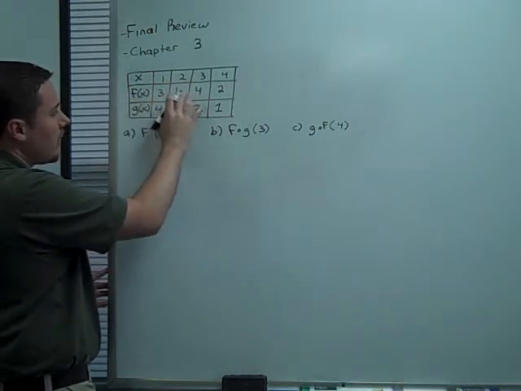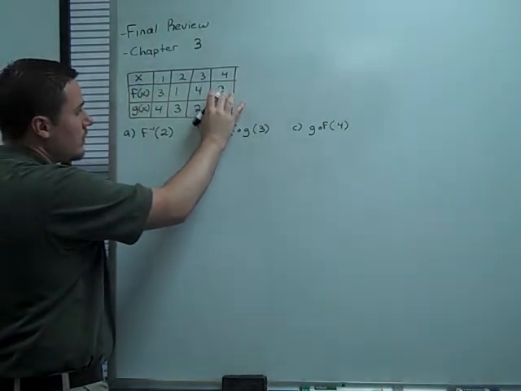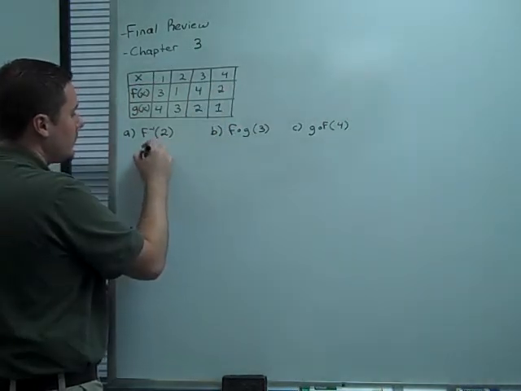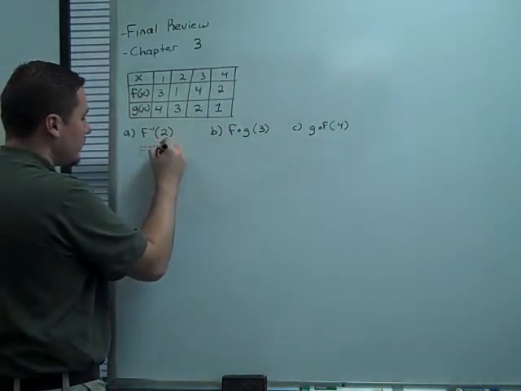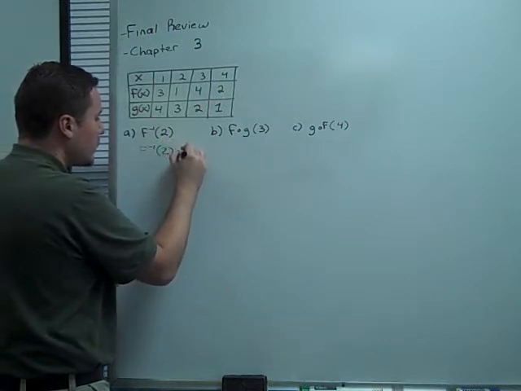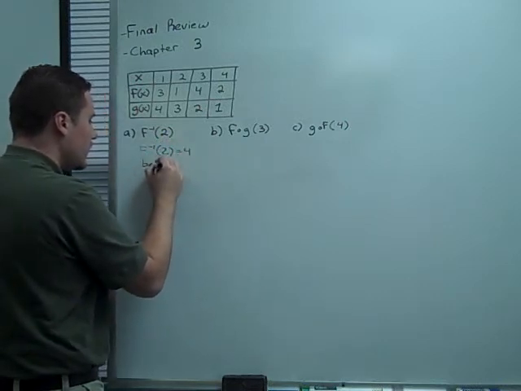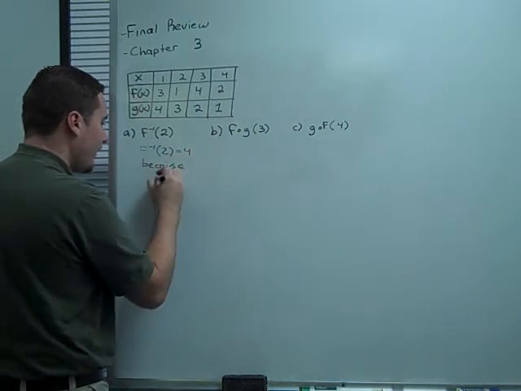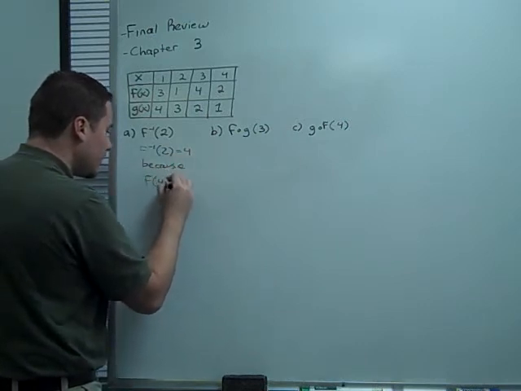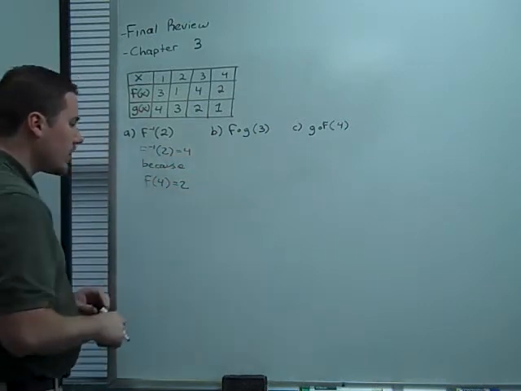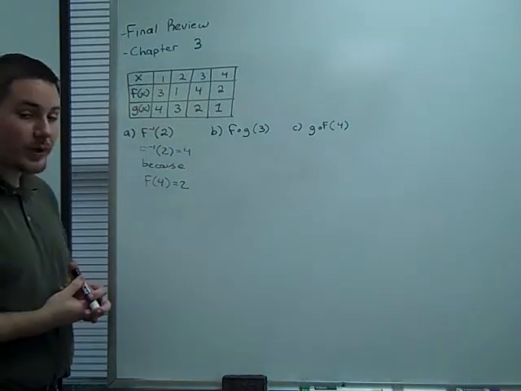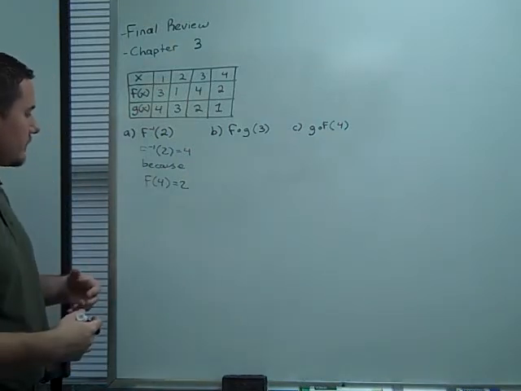We look at the f line and we see the 2 there, at 4. So f inverse of 2 has to equal 4 because f of 4 is equal to 2.